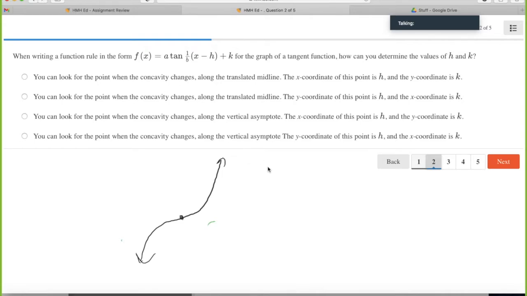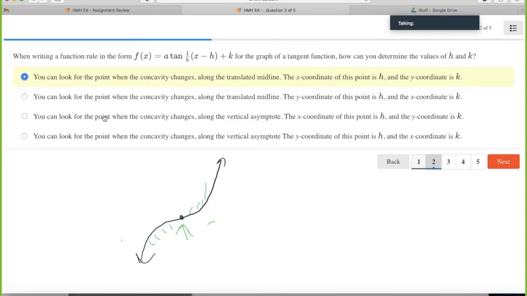If you remember anything from concavity, concave is like the curl. So this is concave down, this is concave up, and it changes at the midpoint. Anyway, you can look for the point where the concavity changes along the translated midline. The x-coordinate of this point is h, and the y-coordinate is k.